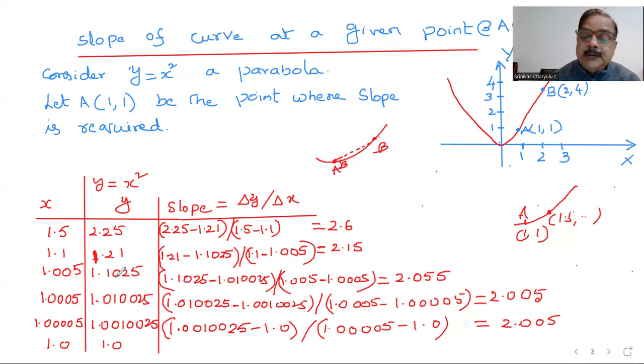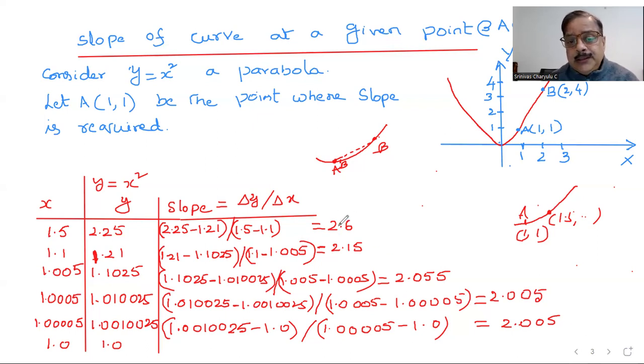So I continued my points and found the slope between successive points which are very close to A. A is fixed, and I am moving from B close to A, coming from the topmost point towards A. The last point I have taken is very close to A, 1.001, very infinitesimally small difference. I square this x value, since y is equal to x square, and 2.005 came.